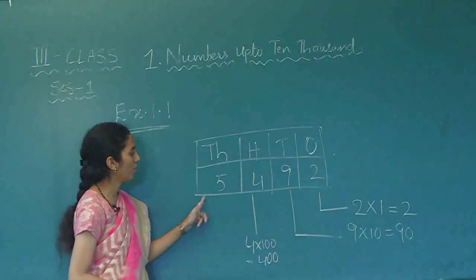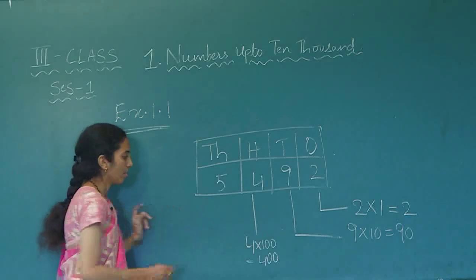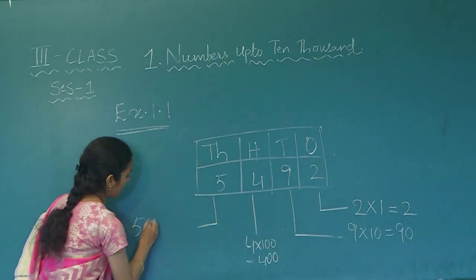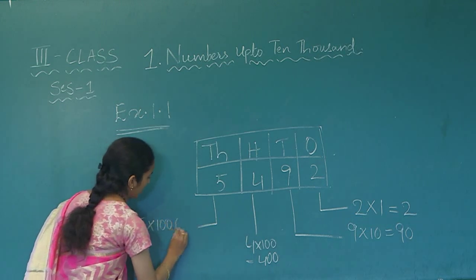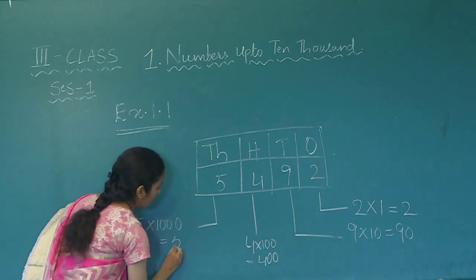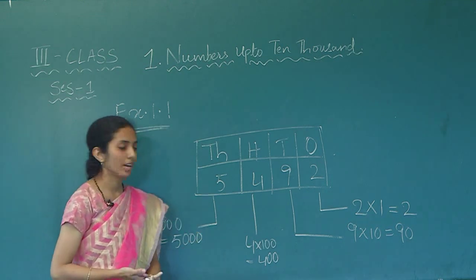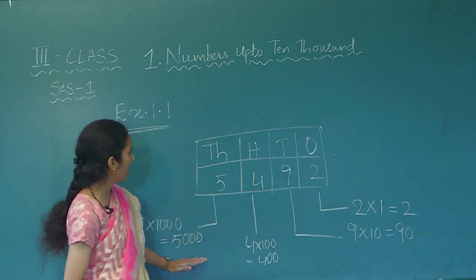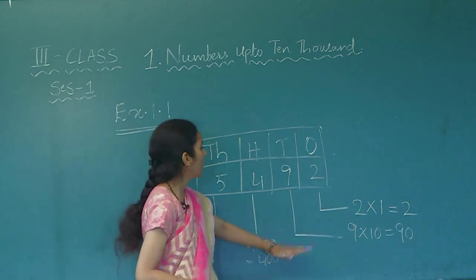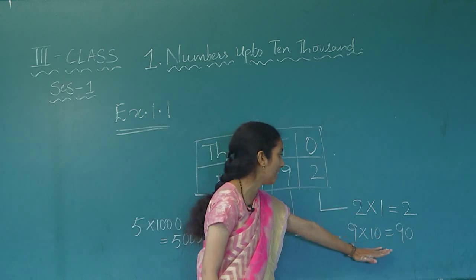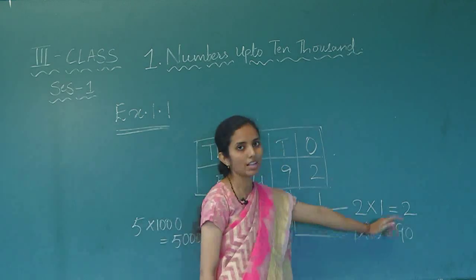And what is the value in thousands place? 5. So what you have to do? You have to multiply the number with 1000. So what is the value? 5000. So 5 thousands are there, 4 hundreds are there, 9 tens are there, that means 90, and 2 ones are there, that means 2.